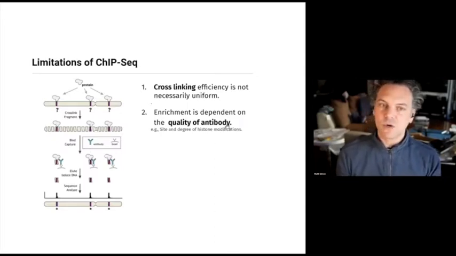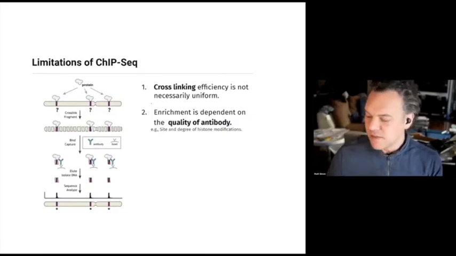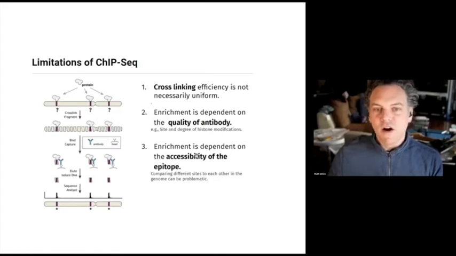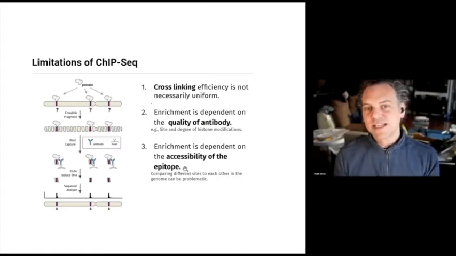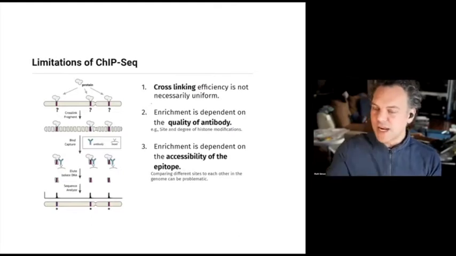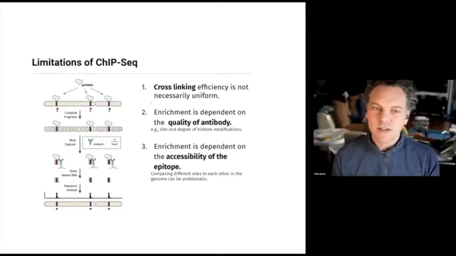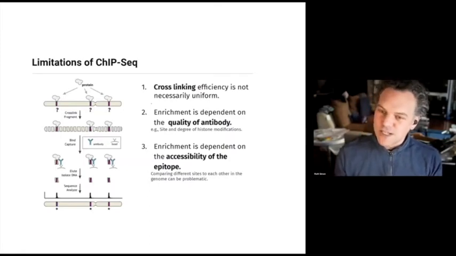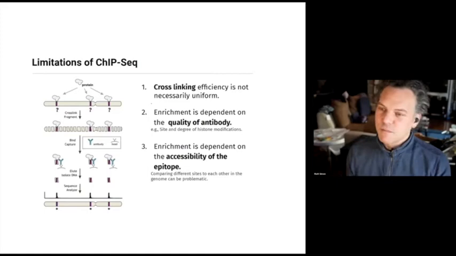So how easy is it for you to get a really high quality antibody that only pulls down what you want and nothing else? And then also you can imagine in some cases the accessibility of the epitope. What does that mean? That means if you have a peptide that the antibody has to bind to, and that peptide is buried in the chromatin, it might be harder to pull that particular protein down than a different protein.